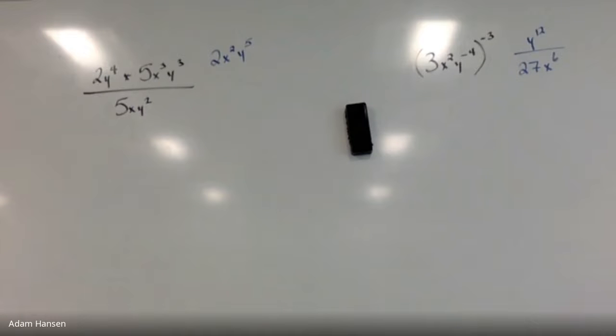That's going to be 10. What's y to the 4th times y to the 3rd? y to the 7th. 4 y's here, multiplying with 3 y's here. How many y's are multiplying in total? 7 y's, so y to the 7th. Because I'm just multiplying numbers here, 2 times 5 is simply just 10.